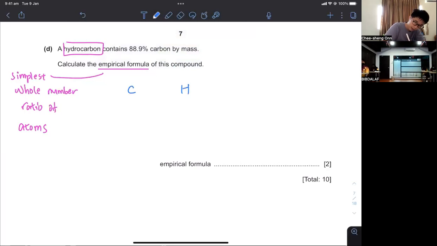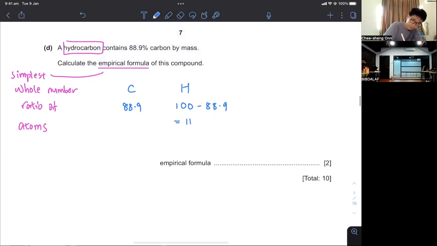So if we have 88.9%, the other must be the remaining out of 100%, because the maximum is 100%. So 100 minus 88.9, I get 11.1. These are percentages by mass. So this means out of 100 grams of mass, how many grams is carbon, how many grams is hydrogen.